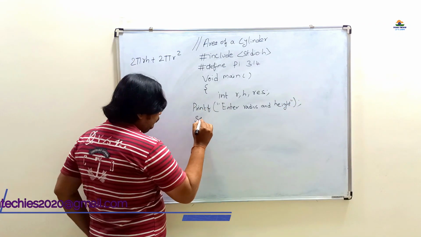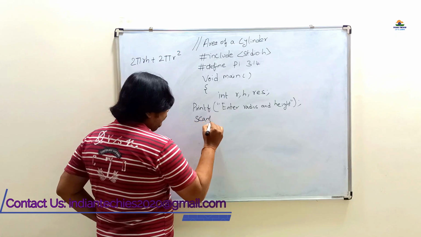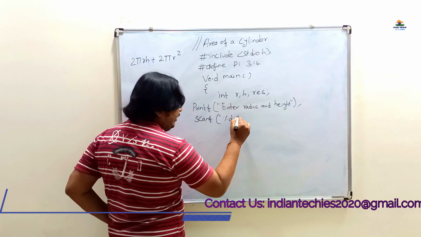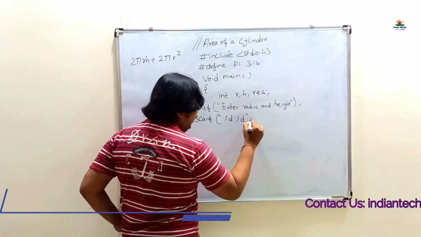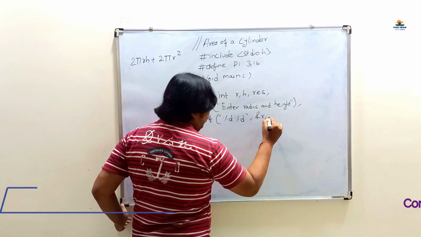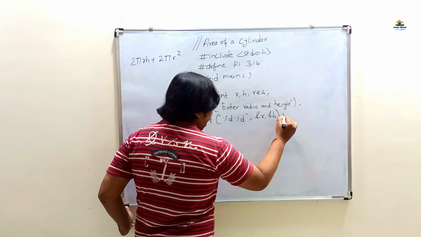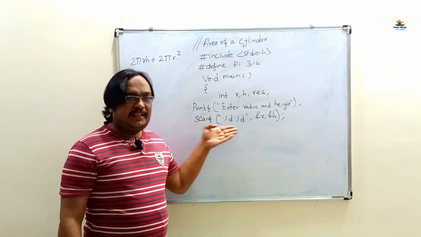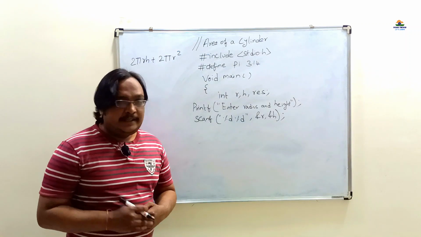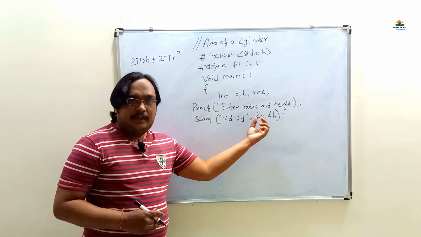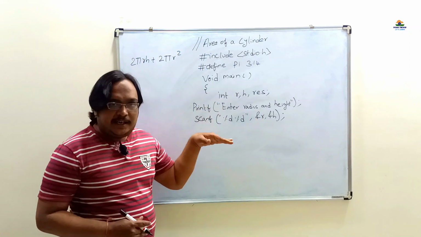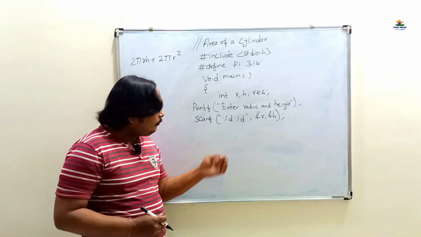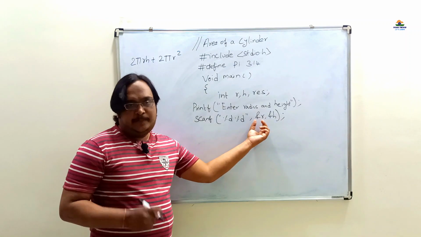Now scanf %d %d, since both are integers, comma, &r, &h. There is one reason why I have taken input in a single statement. You can take radius with one scanf and height with another scanf. But if you take both in a single statement, there is an order.